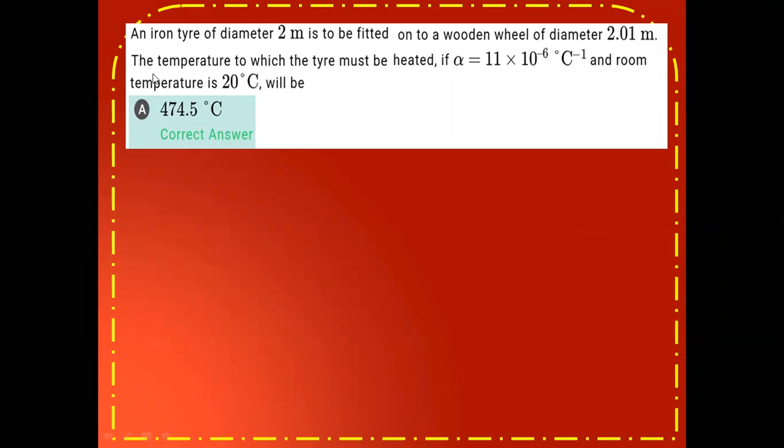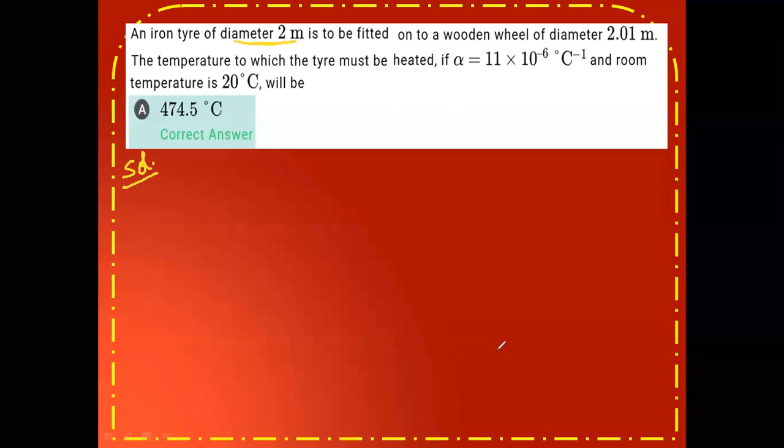See the next model, a simple question only. Let's see the solution for this. An iron tire of diameter 2 meter is to be fitted to a wooden wheel of diameter 2.01 meter. So initially, what information did they give me?